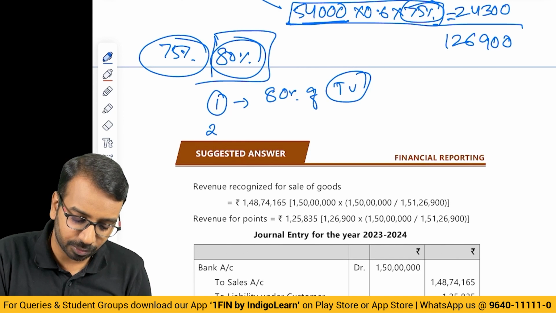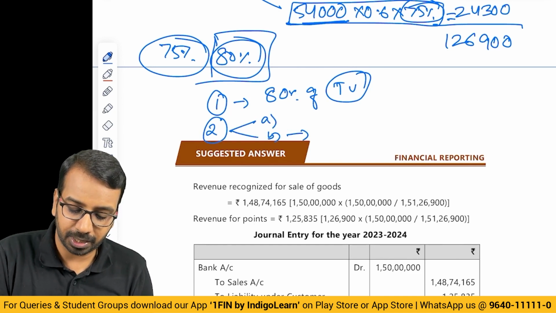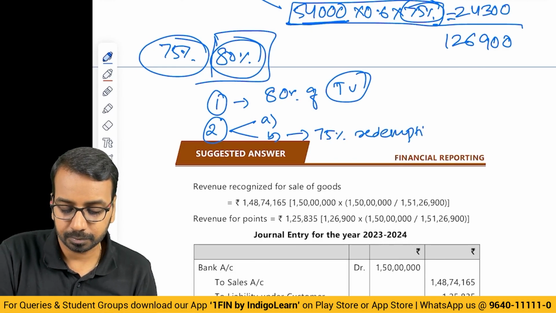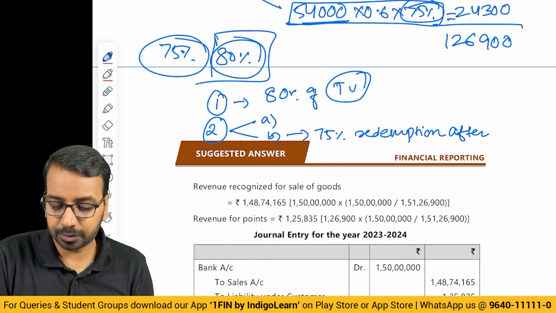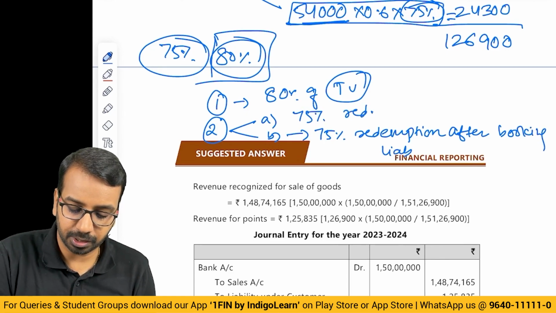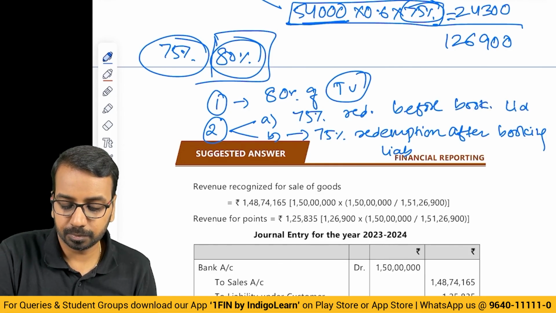Here in the second question, again these are two assumptions, assumption A, assumption B. Assumption B, we considered 75% redemption after booking liability. Here second scenario, 75% redemption before booking liability.